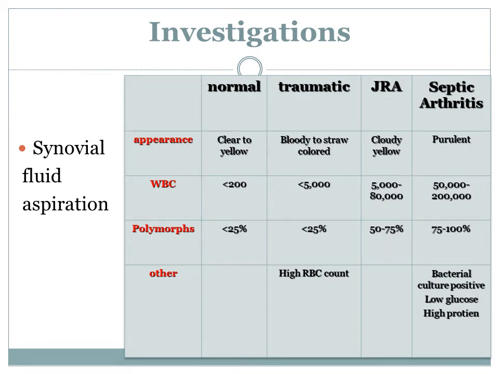One of the investigations that's important and can give very good information about the underlying problem is the synovial fluid aspiration and examination. Examination for the appearance, the white blood cell count, polymorph count, and some other features can differentiate between normal, traumatic, juvenile rheumatoid arthritis, or the presence of septic arthritis in that specific joint, according to the criteria present for these four parameters.